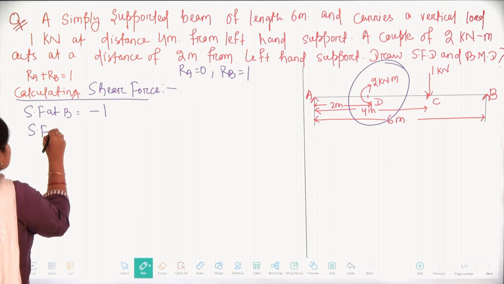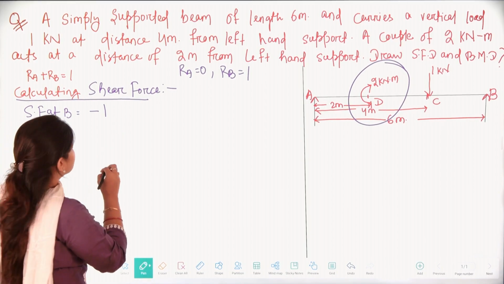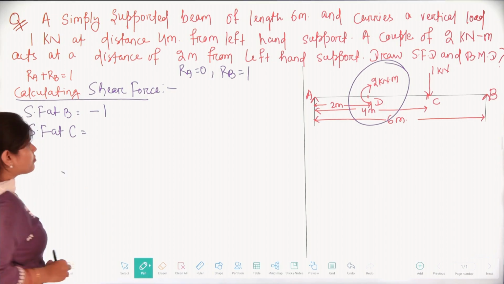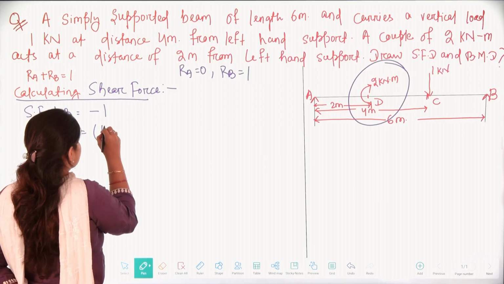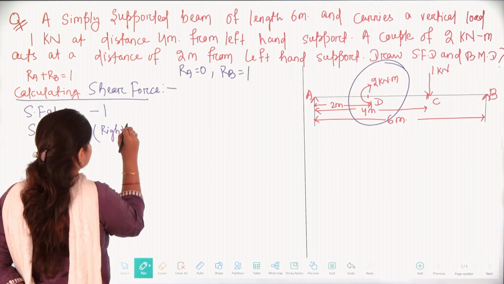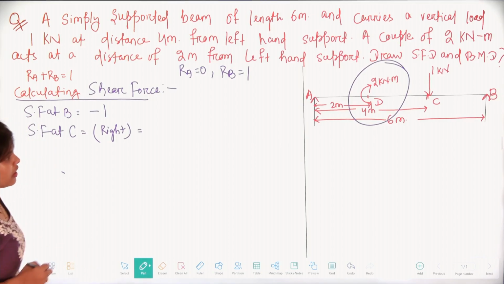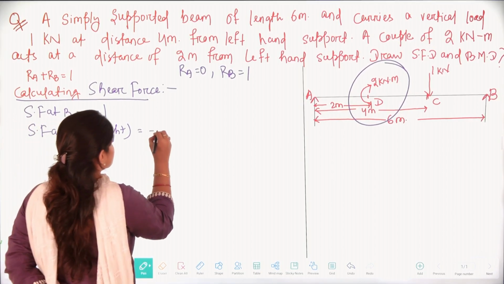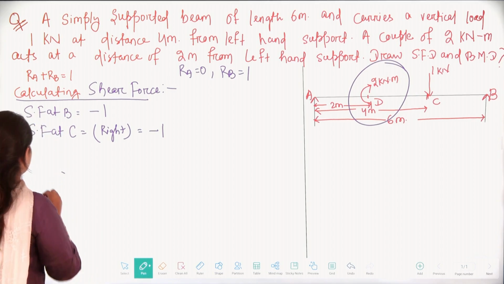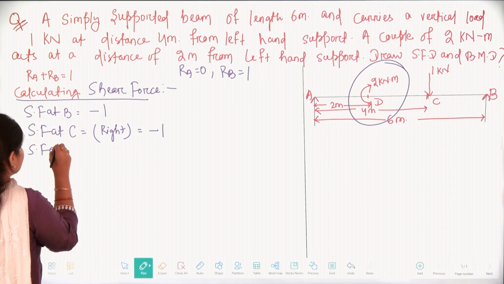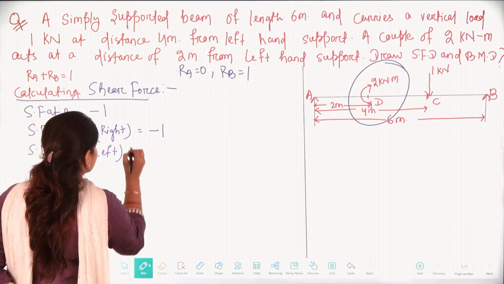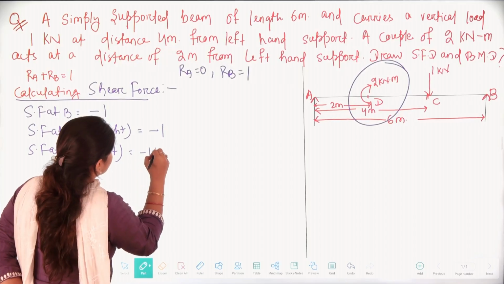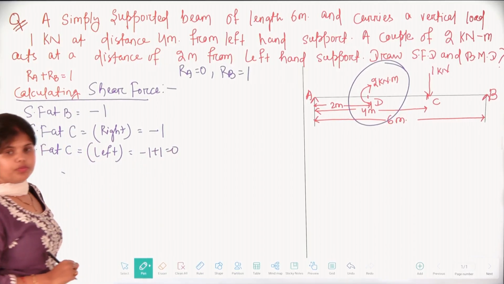Again, shear force at C. First, we will calculate from right. So it will be minus 1. Again, shear force will be calculated at C from left of the section. So it will be minus 1 plus 1, that will be 0. Okay.